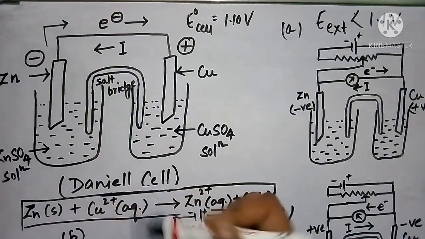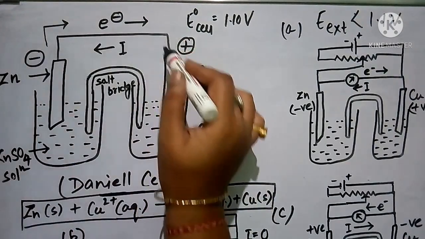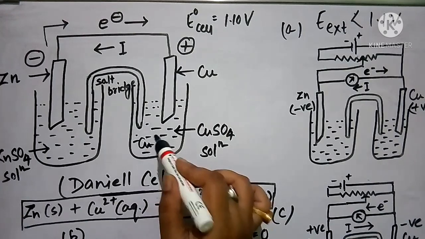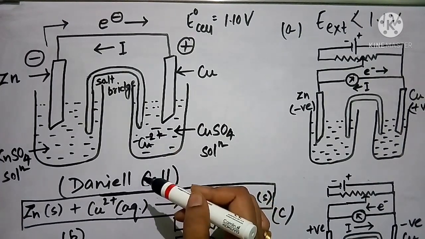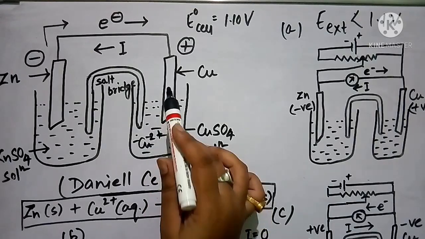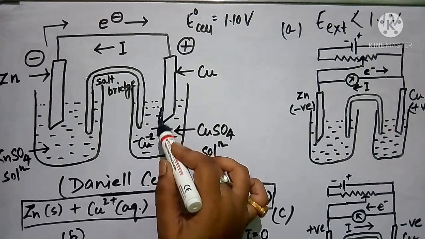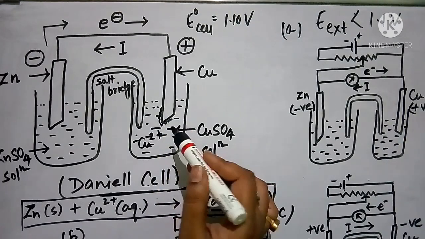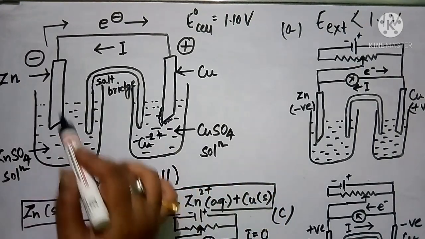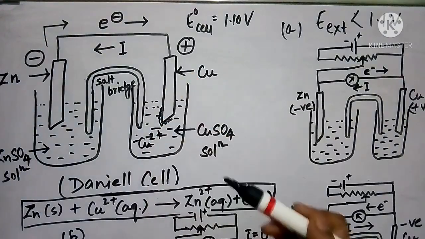Here we saw that copper is getting reduced, so those two electrons are gained by the Cu2+ ions present in the solution. One Cu2+ ion can gain both electrons and get deposited on the copper electrode. So we can say that there is a flow of electrons from the zinc side to the copper side.